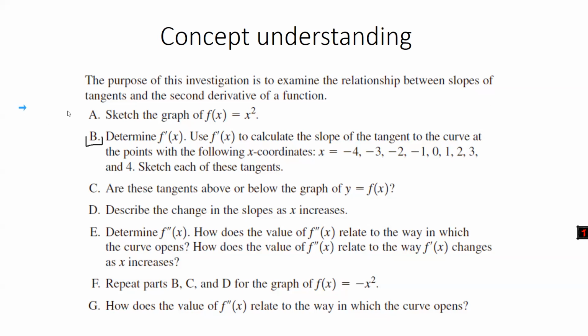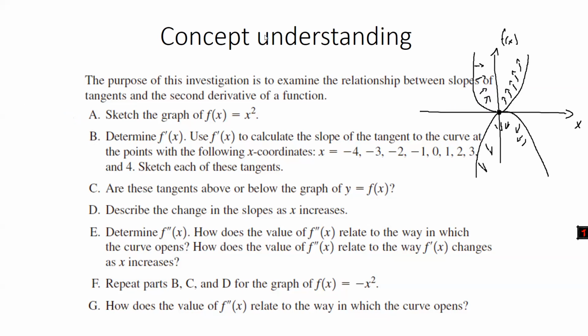Here, in the first part, we are asked to plot the graph, which we just had recently, right? Here it is. This graph would be exactly the upper side of it. Determine the first derivative and calculate the slope of a tangent to the curve at some points.